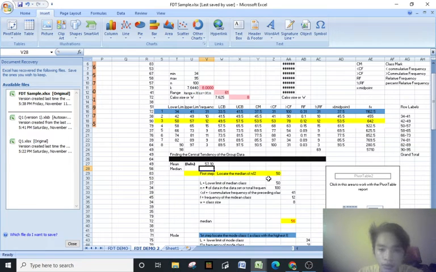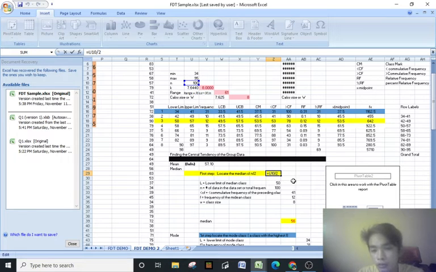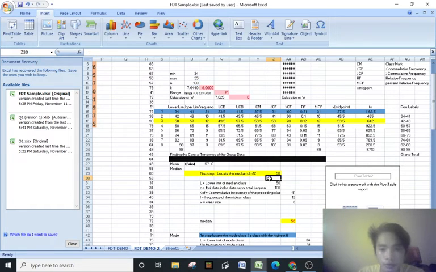The first step to locate the median is to get the number divided by 2. So 100 divided by 2 automatically generates 50. To locate the median, finding the tendency of the group data, the first step was to get the 50.